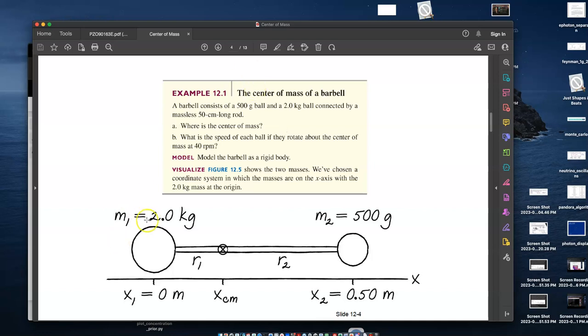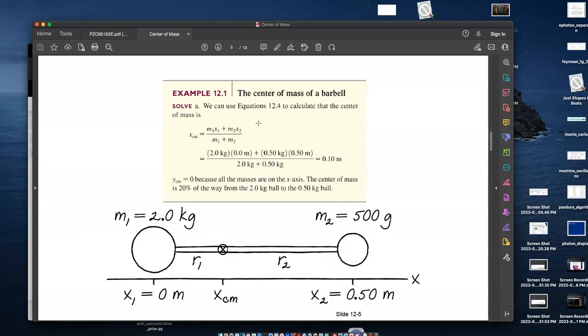Instead, we're just going to take the mass 1 times the x1 position, and that's 0 meters, which feels weird. We've set our origin at this side of the barbell, and then the mass 2 times 0.5 meters, the length of the barbell. It feels like we're not counting this mass.